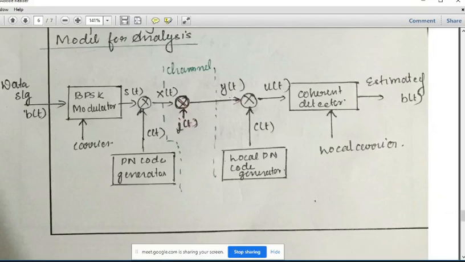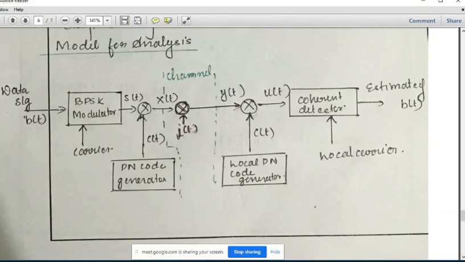First, Y of T was the transmitted signal. Y of T is X of T plus J of T, and X of T is S of T into C of T. Y of T is X of T plus J of T, where J is the interference, and U of T is the despreaded signal.